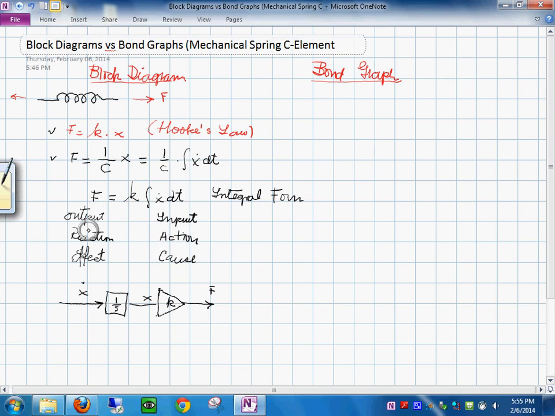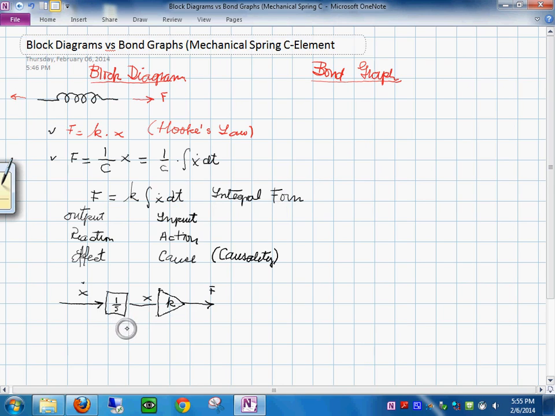Or this is the action, this is the reaction, or this is the cause and this is the effect. This idea of cause and effect leads us to a concept that has a new technical word called causality. Who was responsible to cause the action? In this case, we gave it the velocity and we caused the force. So this equation corresponds to this block diagram, and this corresponds to the integral form of this element.